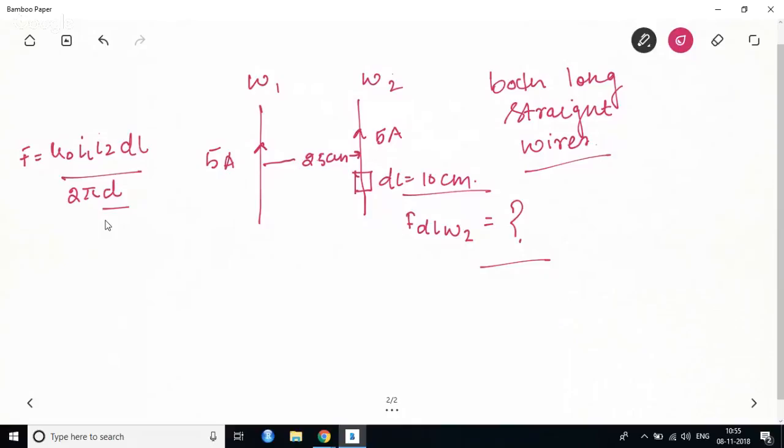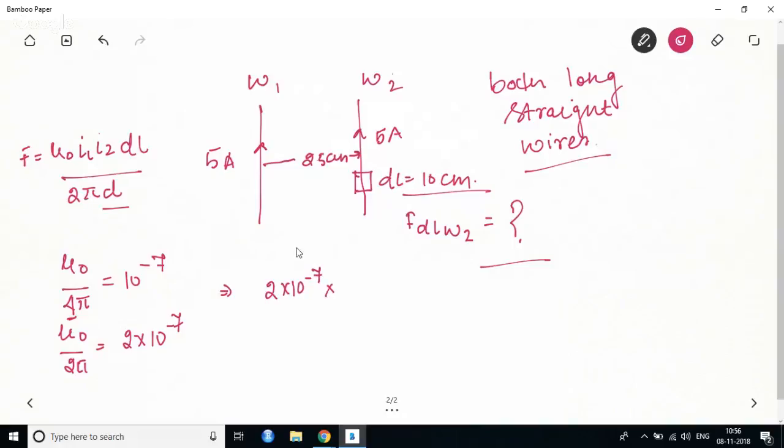So first of all, I know that mu naught by 4 pi is equal to 10 to the power minus 7. So if I have mu naught by 2 pi, I take 2 to the other side, it becomes 2 into 10 to the power minus 7.